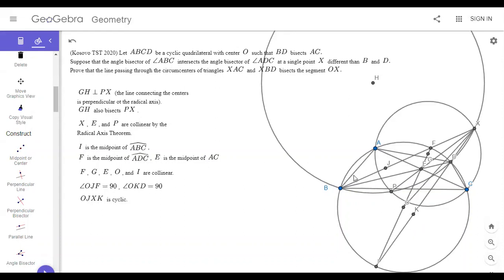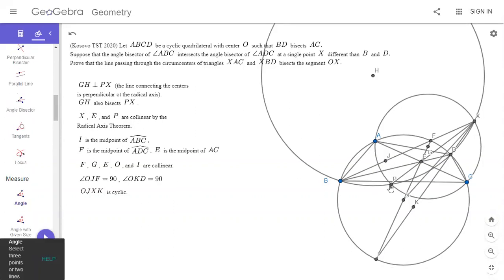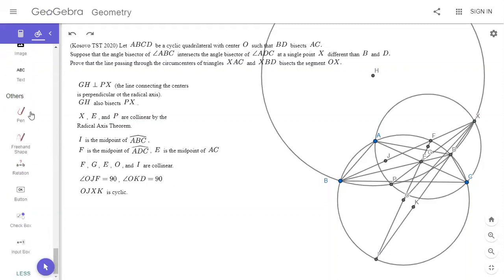Okay, so by spiral similarities, BPF is similar to PDI. Let me just check that for a sec, but I'm pretty sure that's the case. Yes. Yeah, that should just be an angle chase. Okay, so I'm going to write that out.